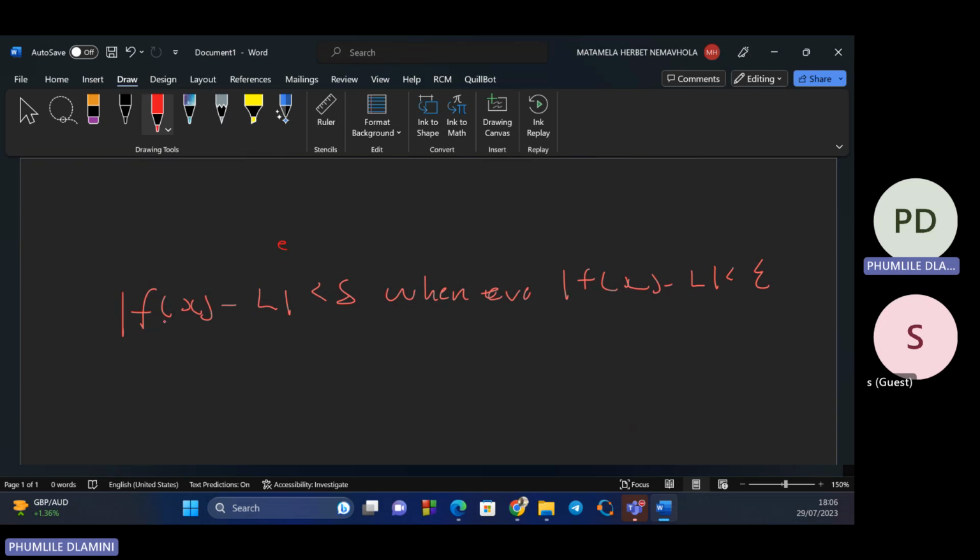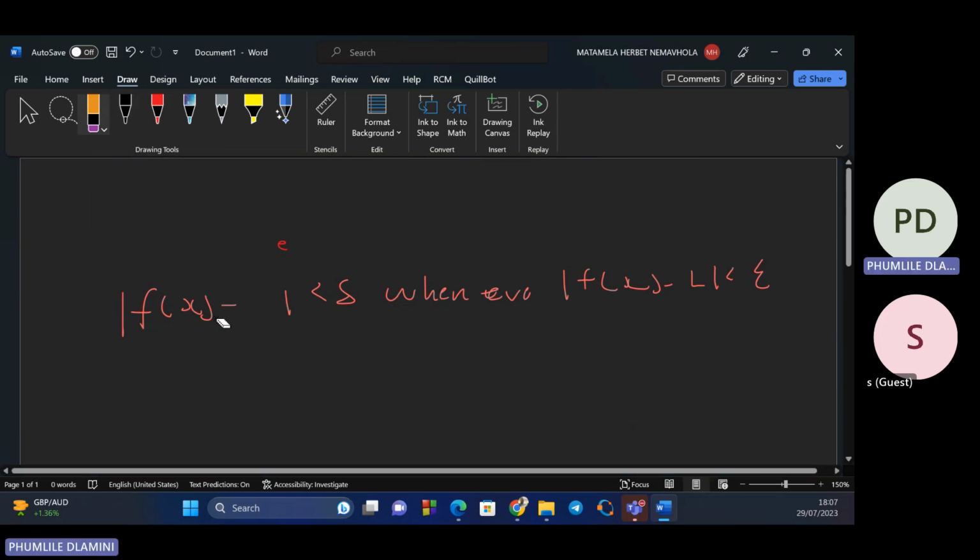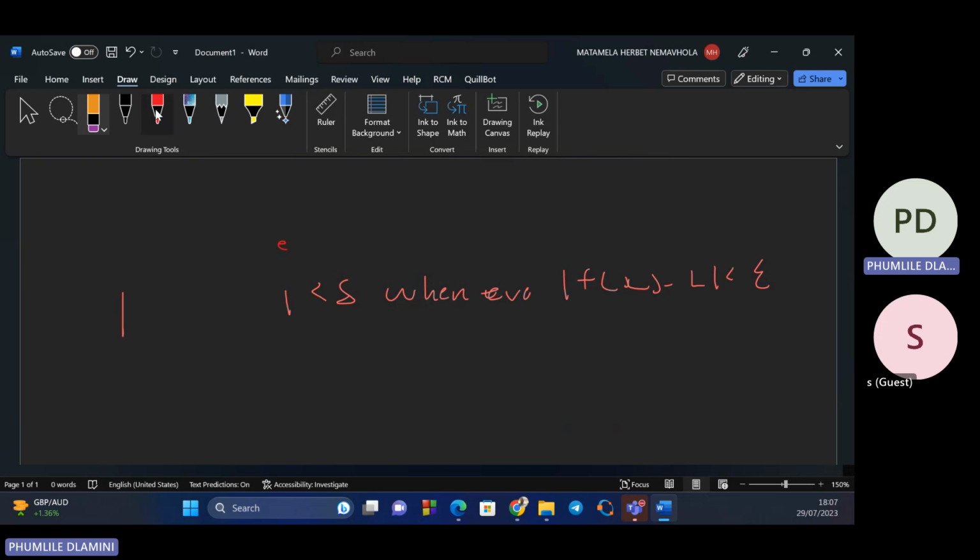There is something here that is not f of x, it is not L. Here is going to be x minus a. In our case, x minus a must be less than delta whenever f of x minus L is less than epsilon. So we have to prove that.